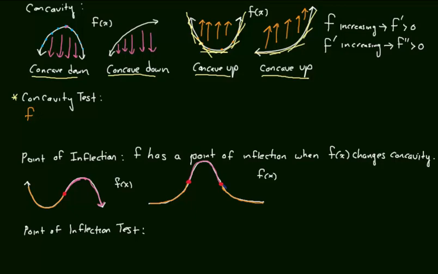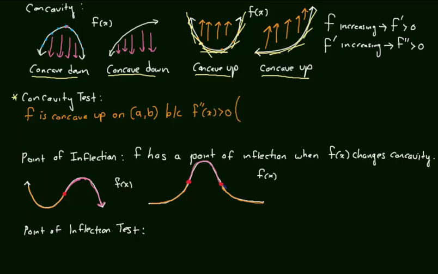F is concave up on, the good news here is we always use parentheses, and I'm just going to make a generic interval a to b, because f double prime of x is greater than 0.